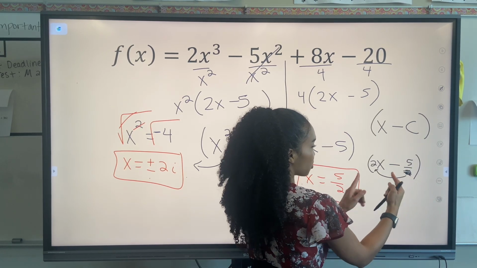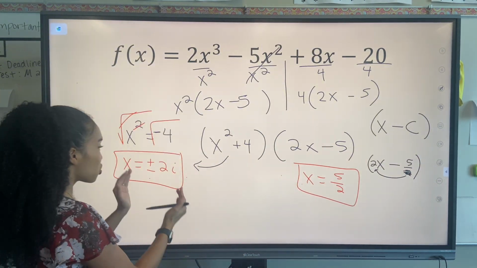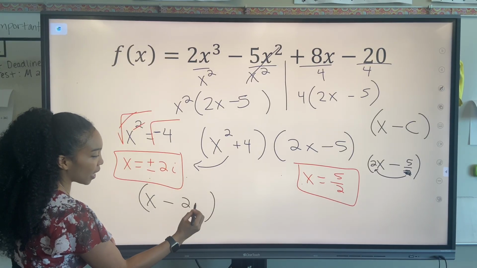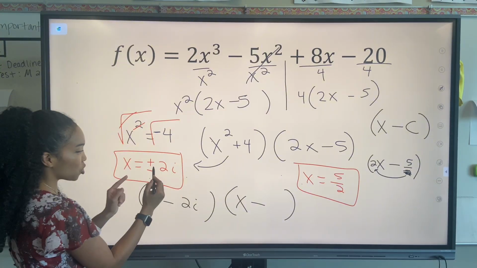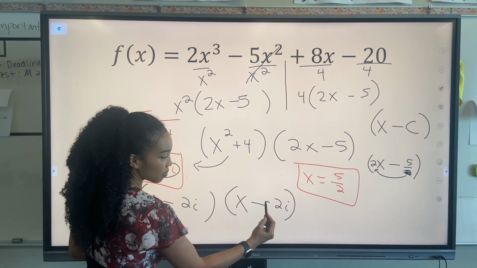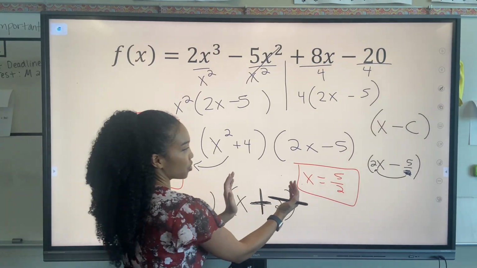So this is your answer, 2x minus 5, that's your factor for this 0. For this one over here, it's always x minus, you put your answer in here, 2i, that's one of them. Your other one is x minus, you put your answer in here, negative 2i, so what does it become? A plus. So guys, these are your factors.